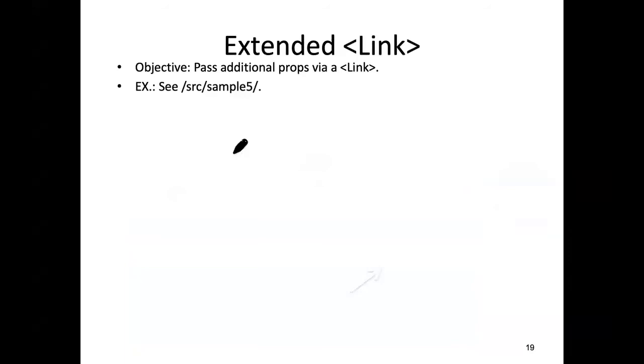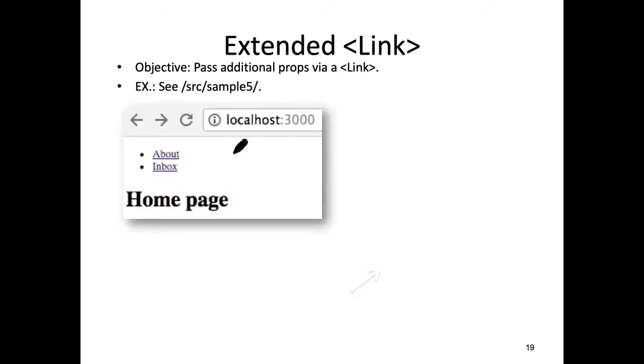It turns out that there are two forms of the link component that allow us to do it. To demonstrate it, it's an artificial demonstration really, but supposing in my inbox hyperlink here, which I've implemented with the link component, I want to pass some additional props to the inbox page itself.